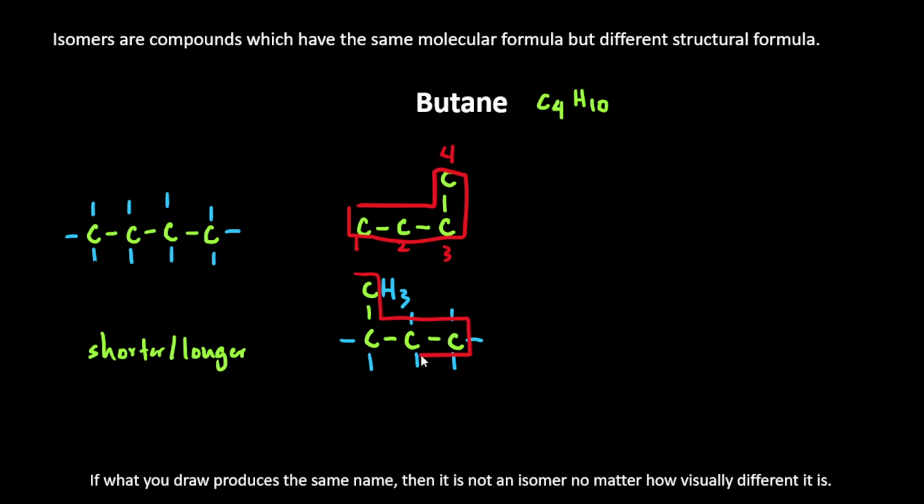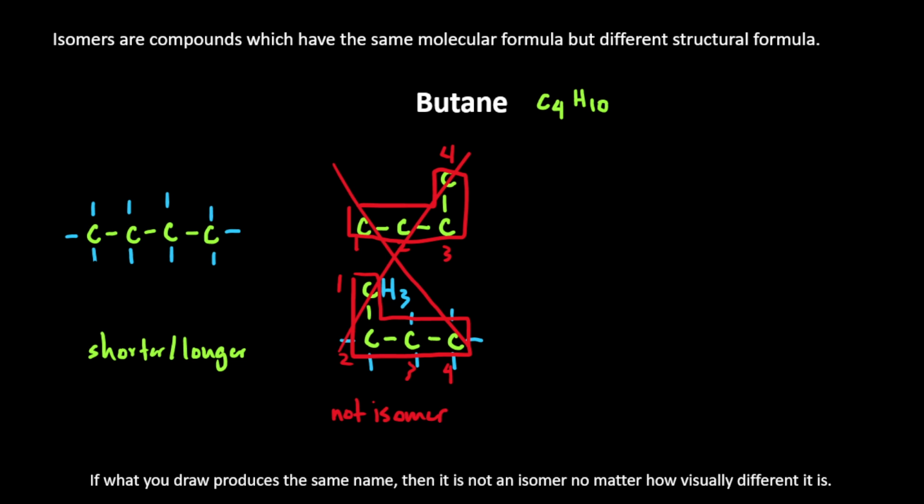Which is 1, 2, 3, 4, or 1, 2, 3, 4, no matter which way I count. All these 3 will give me the name butane. So that's why this cannot be an isomer. So I have to draw a shorter chain.